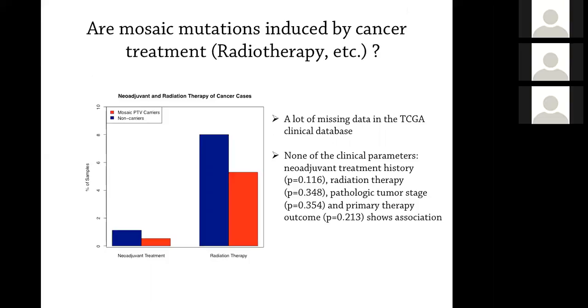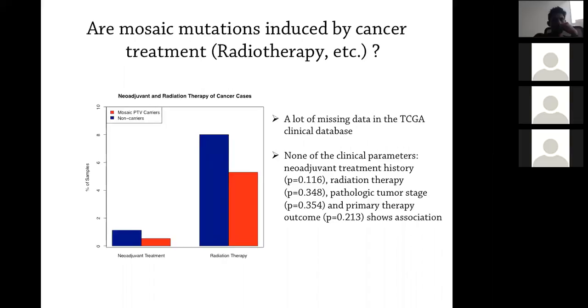Since, as we discussed in the beginning, the long-term and short-term hematopoietic stem cells are produced in the bone marrow, and you know that the majority of methods of cancer treatment involve radiotherapy, which definitely affects bone marrow functionality, right? Here, I'd say our test is very inconclusive because the data in the TCGA portal is very noisy with respect to how exactly those people were treated.